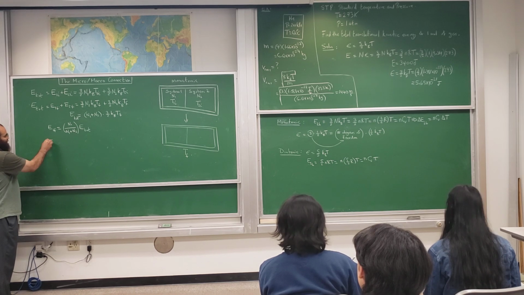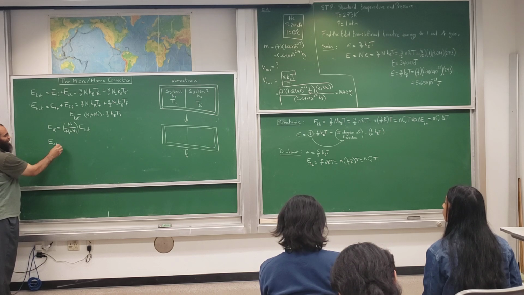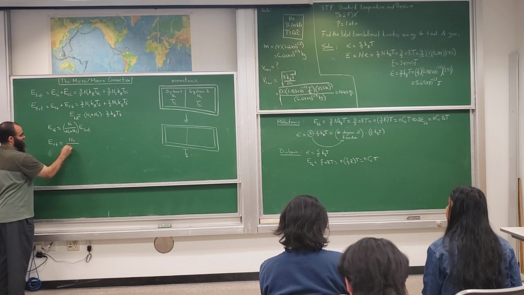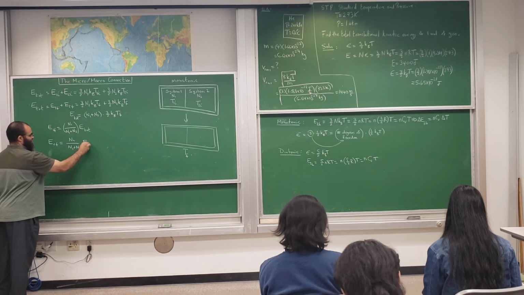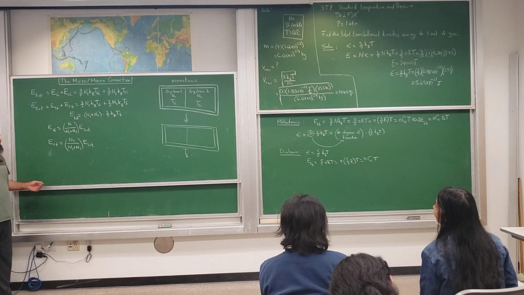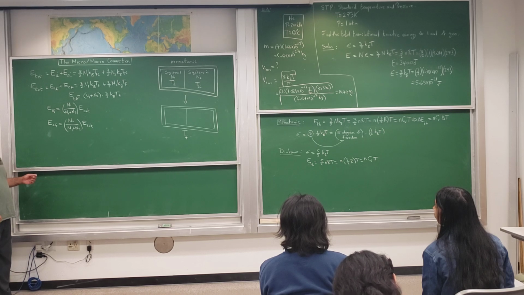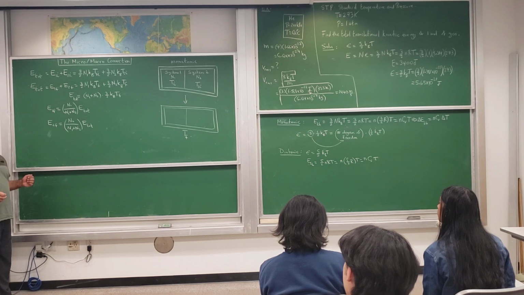And then how about E2 final? You can guess. N2 over N1 plus N2. Now let's see what the heat exchange is, what Q2 is, and what Q1 is, or compare Q1 to Q2.